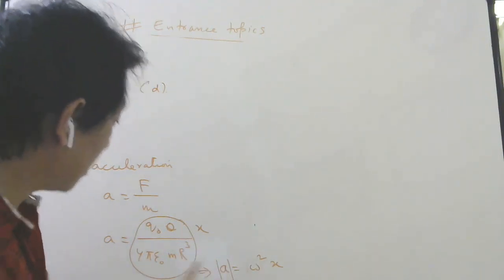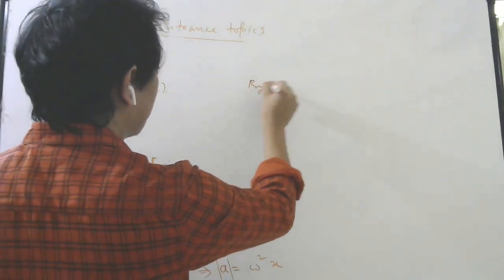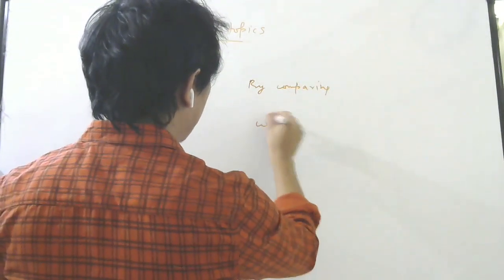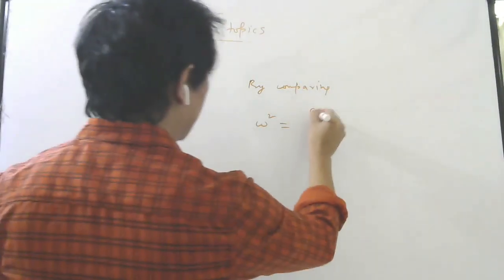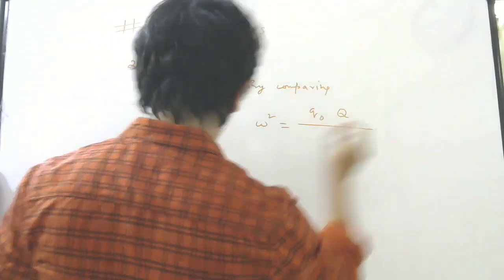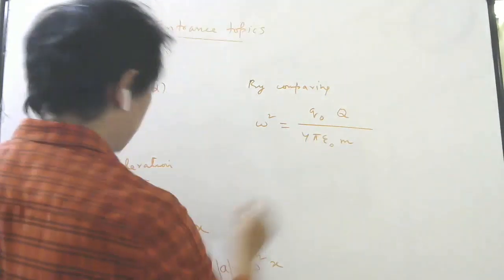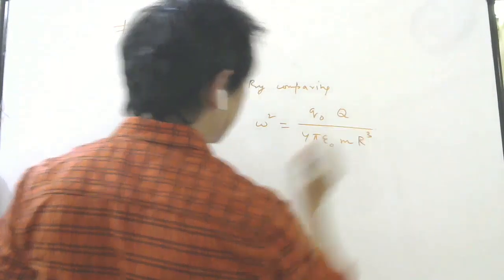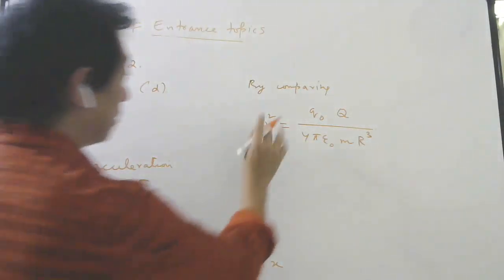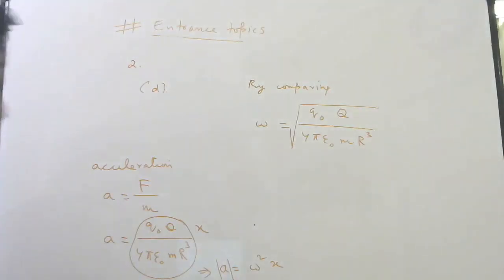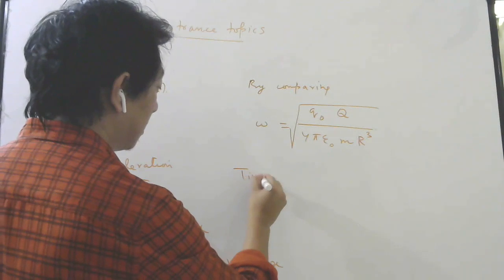So if we compare this formula, by comparing, what will be your omega square? Q naught q divided by 4 pi epsilon naught m r cube. Okay, so omega will be root of this. And once you know this is omega, what will be the time period?